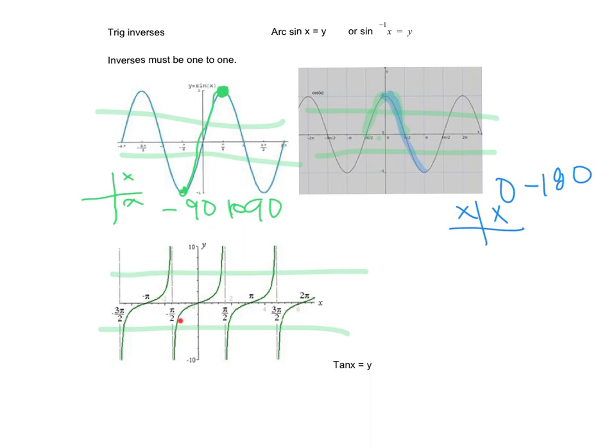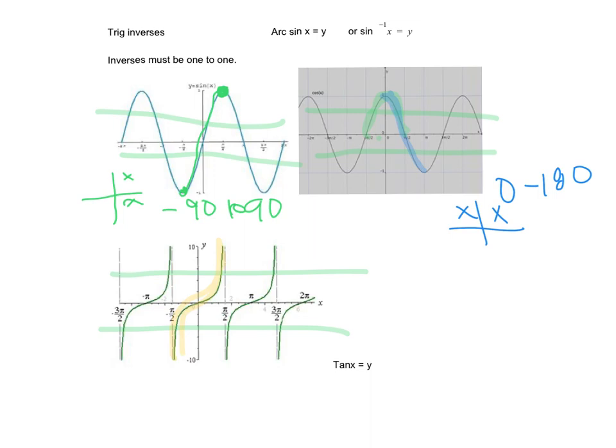They end up picking just the one curve. So from negative 90 to 90, just like the sine curve, from here to here, that is one-to-one.